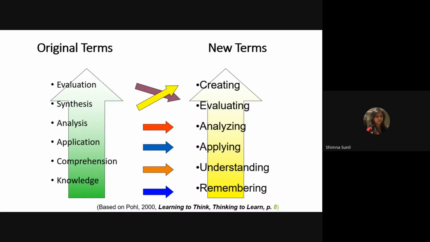Okay, if not, let me reveal it. Can you see that the original terms are the noun forms? They are abstract nouns. The English teachers would agree with me. And the new terms are the verbs. Can you see, friends? Yes, exactly.